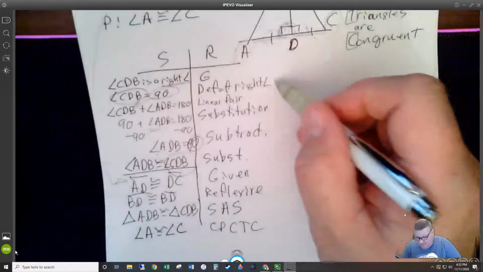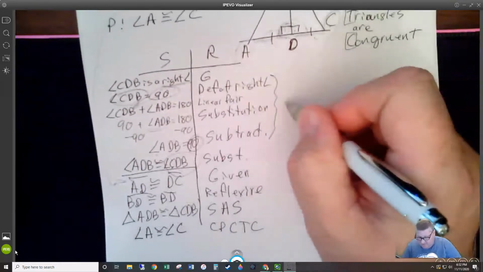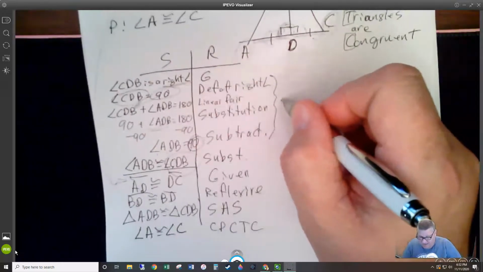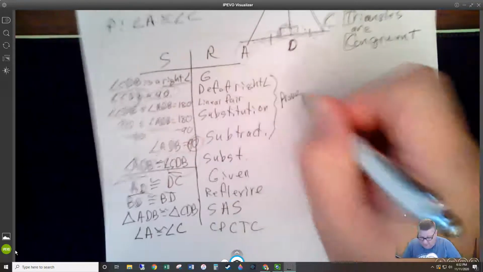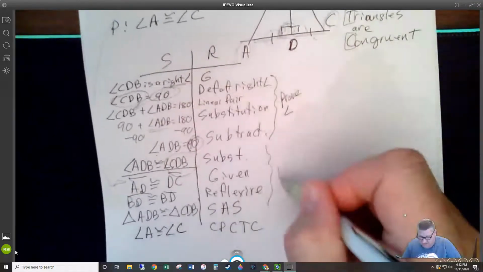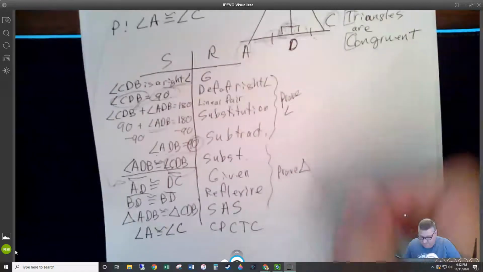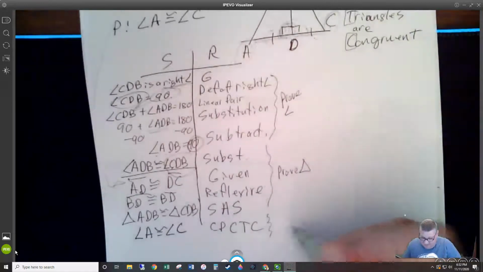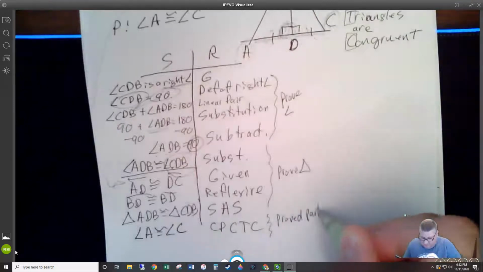So in this case, we had to prove an angle. Then we had to prove the triangle. And finally, at the last piece, we proved parts.